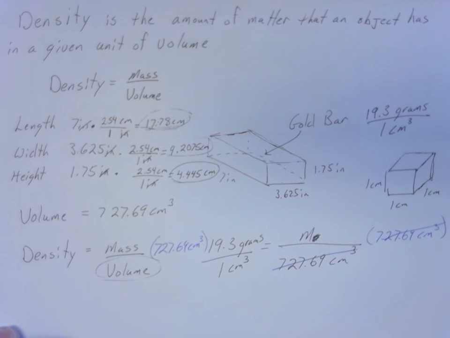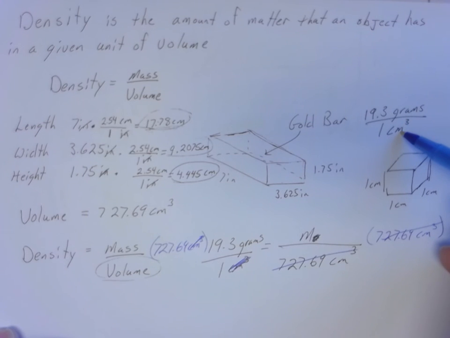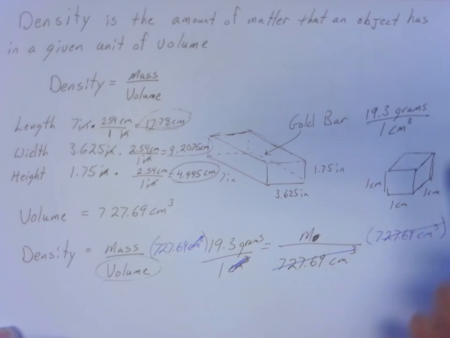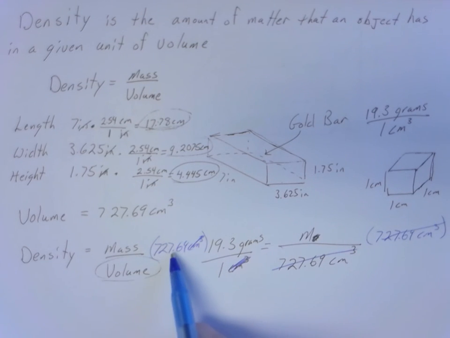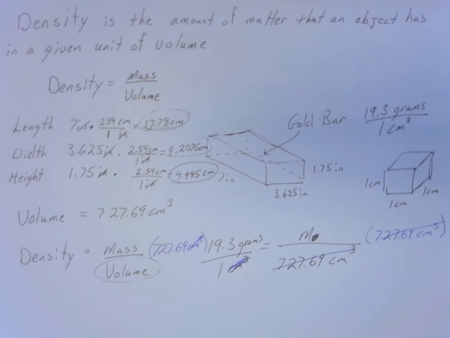And I want you to notice that the cubic centimeters cancel and our answer comes out in grams. So the density is grams per cubic centimeter, the volume is cubic centimeters, but the mass just comes out in grams. So we can just multiply those two together and come up with our number for the mass, and there you have it.